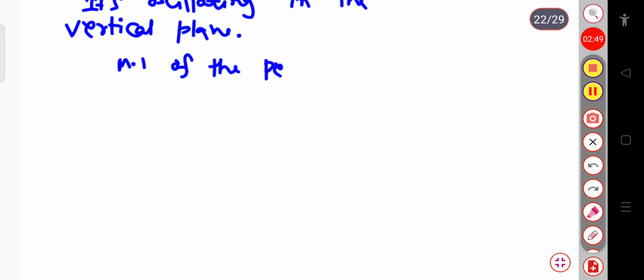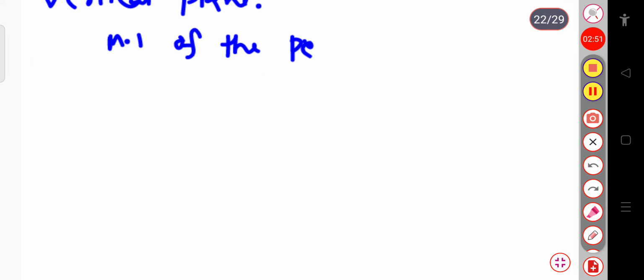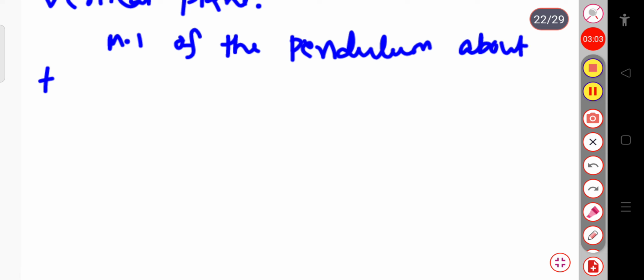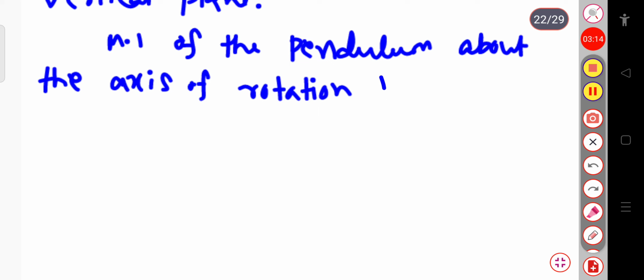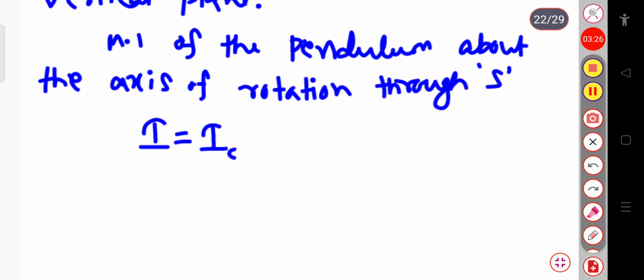So here the moment of inertia of the pendulum about the axis of rotation through S, we can write that I equal to, for the center of mass, IC plus m l square.